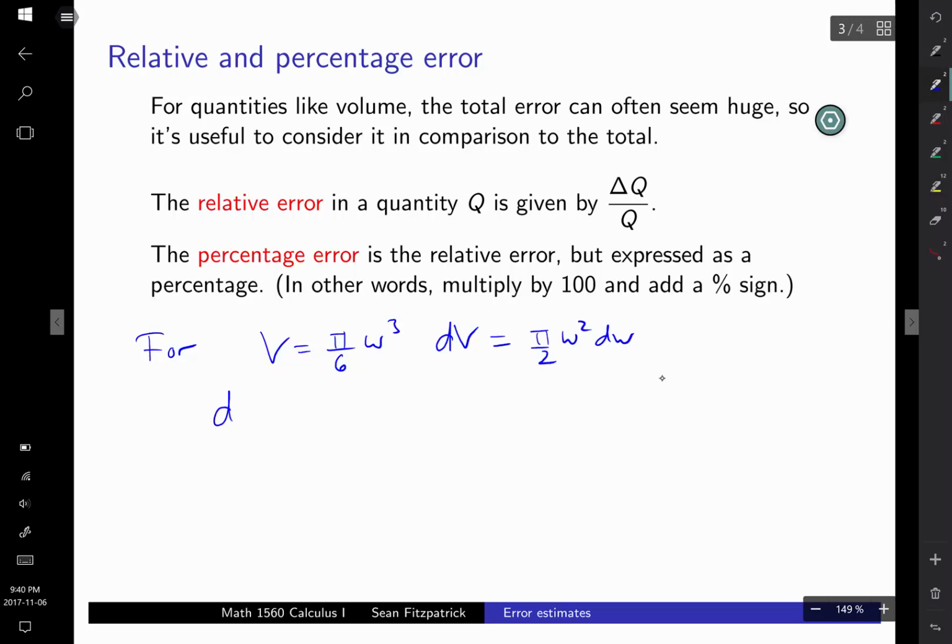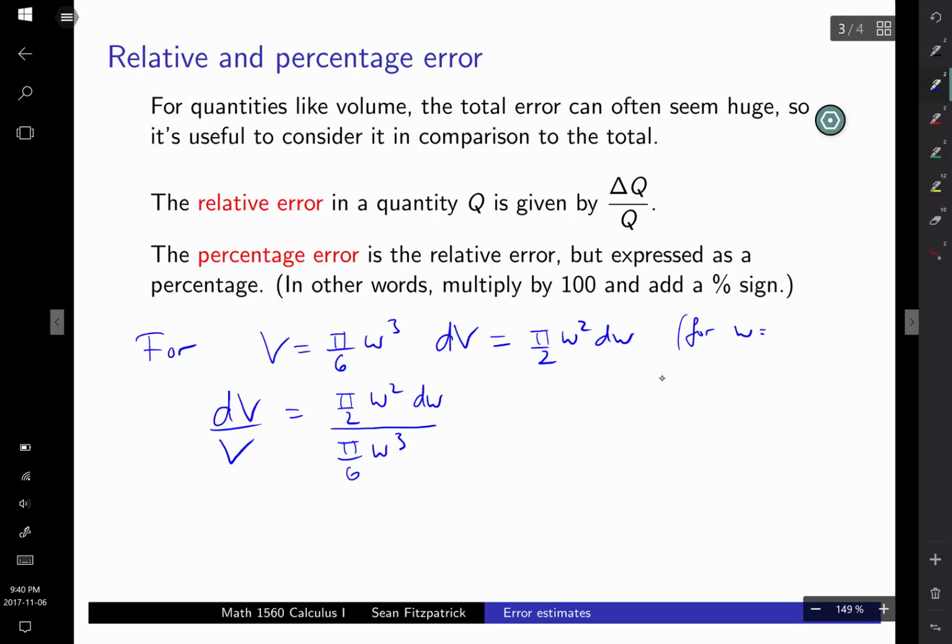So when we do dV over V, we get pi over 2 w squared times dw over pi over 6 w cubed.